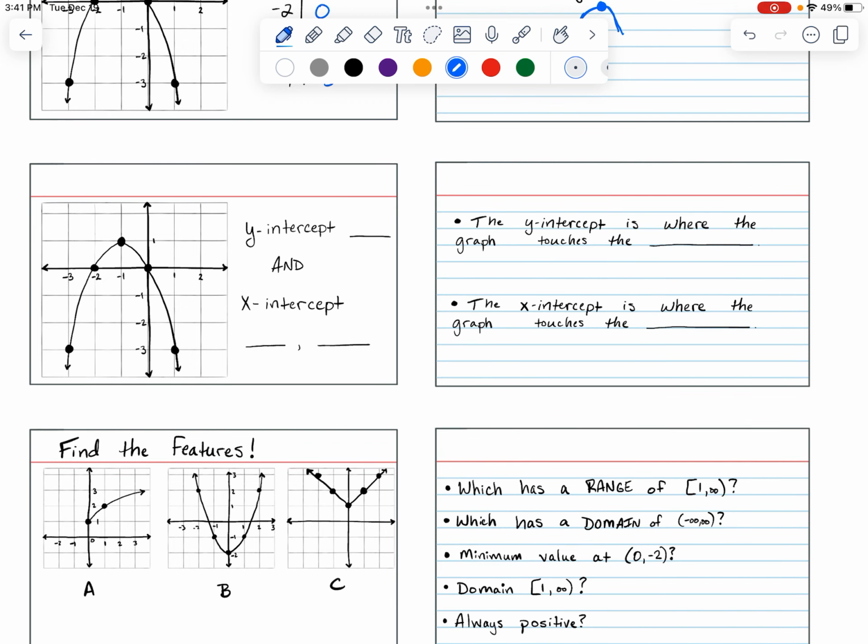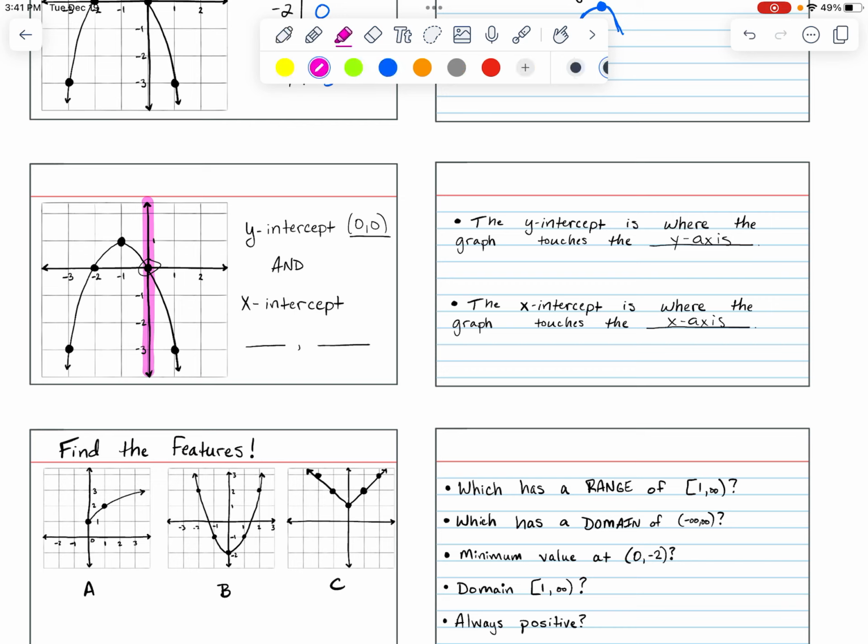Okay, the y-intercept and the x-intercept. The y-intercept is when the graph crosses the y-axis, and as you can see, that y-intercept is this point right here at 0, 0. So where the graph touches the y-axis is our y-intercept.